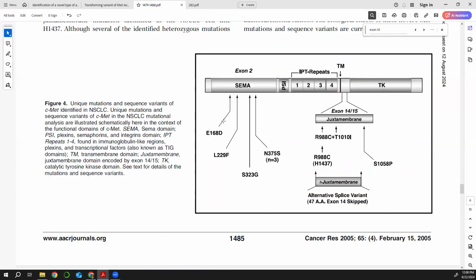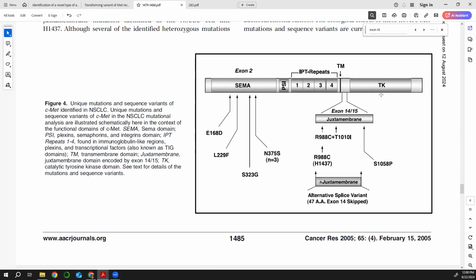This is the localization of these various mutations diagrammed on the protein map here. The semaphorin domain encoded by exon 2 is where those mutations are seen. Those are in the extracellular part. So all of this is extracellular. Here's the transmembrane domain. And after that, all of this is intracellular.